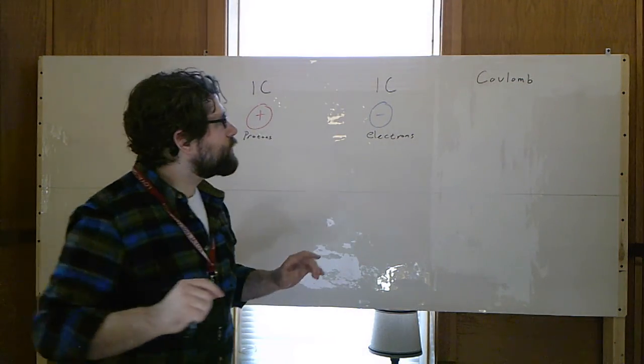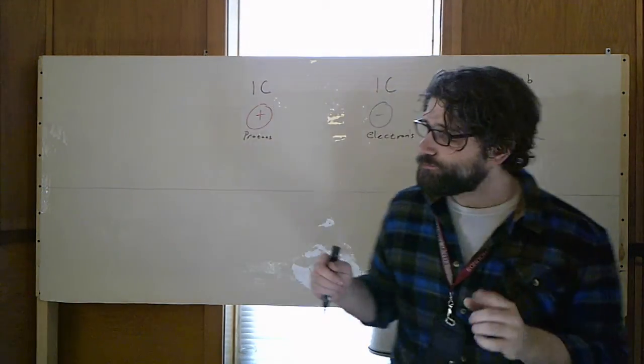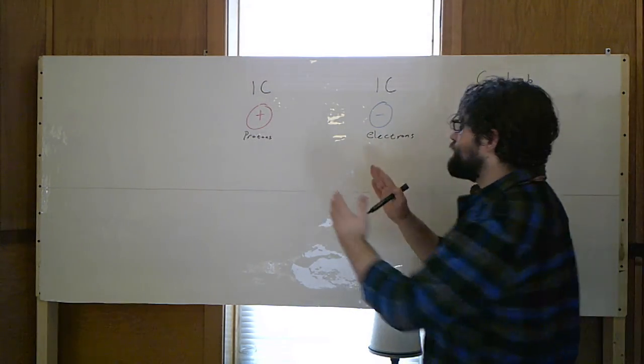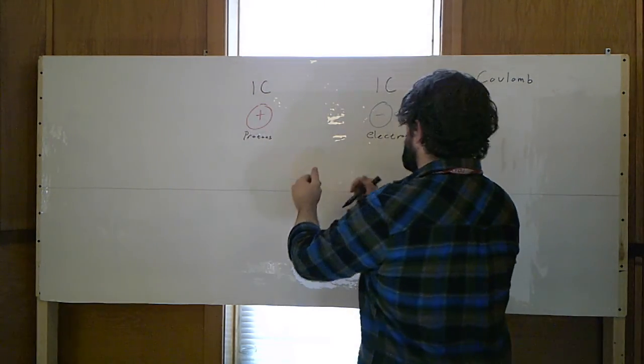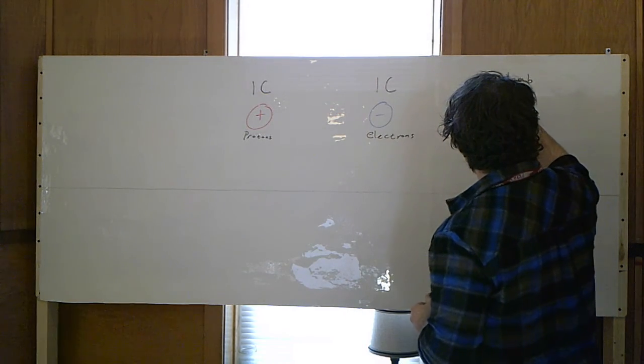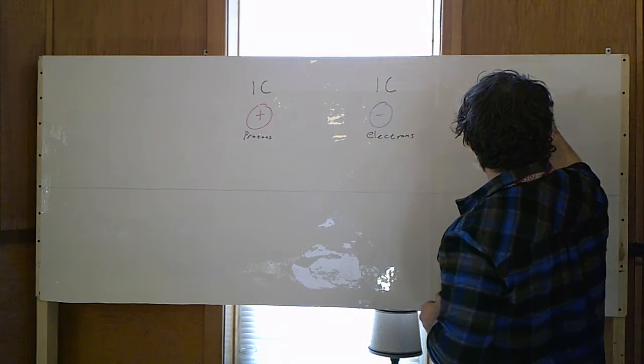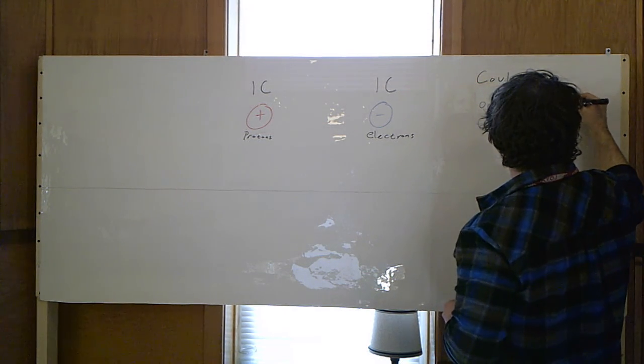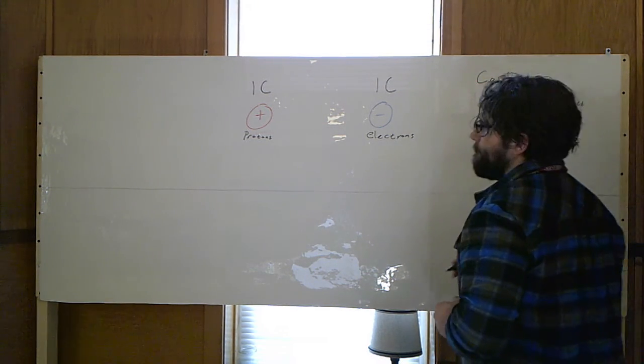Okay. So when would we have a pull? Well, we'd have a pull in a situation like this, where we have opposite charges. These would want to come together. So opposite charges attract. Okay.